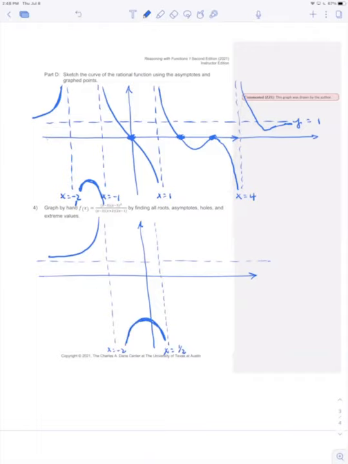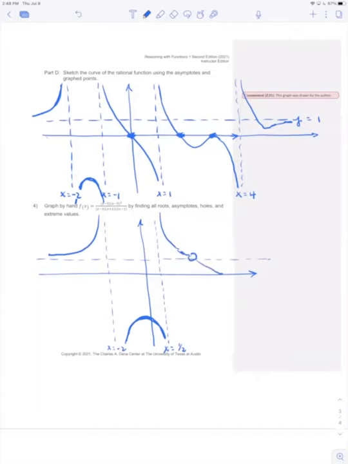And same thing on the right side. If we go larger than 1/2, we're going to get values that are positive and large. They're going to come down here, and there is actually going to be a hole in the graph, and we're going to hit the root of 5 and then come back up and follow the asymptote.